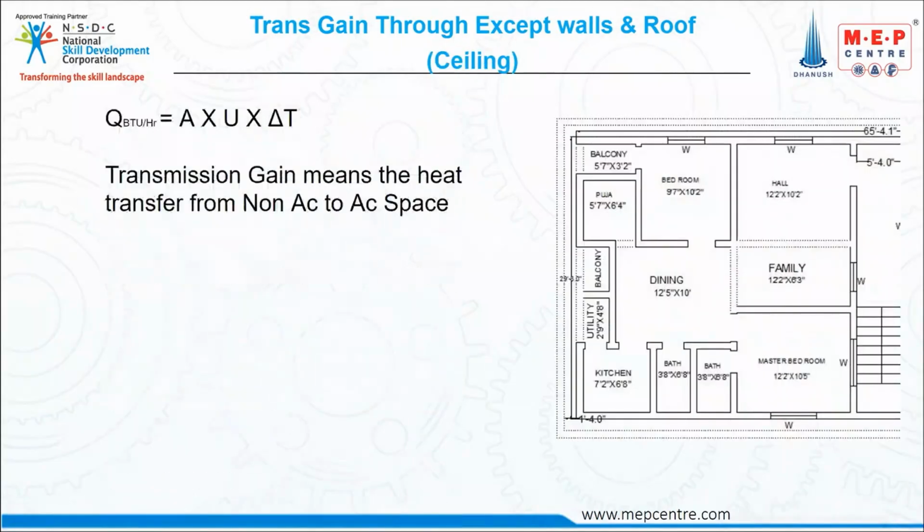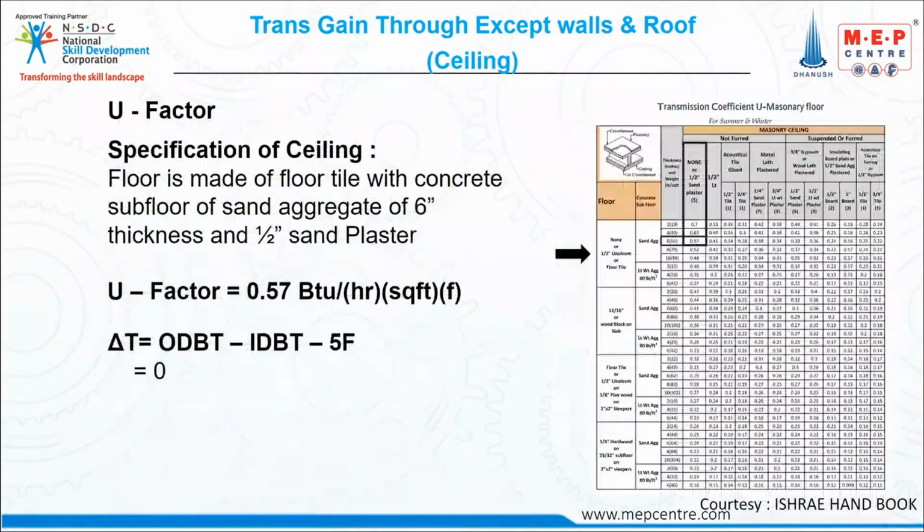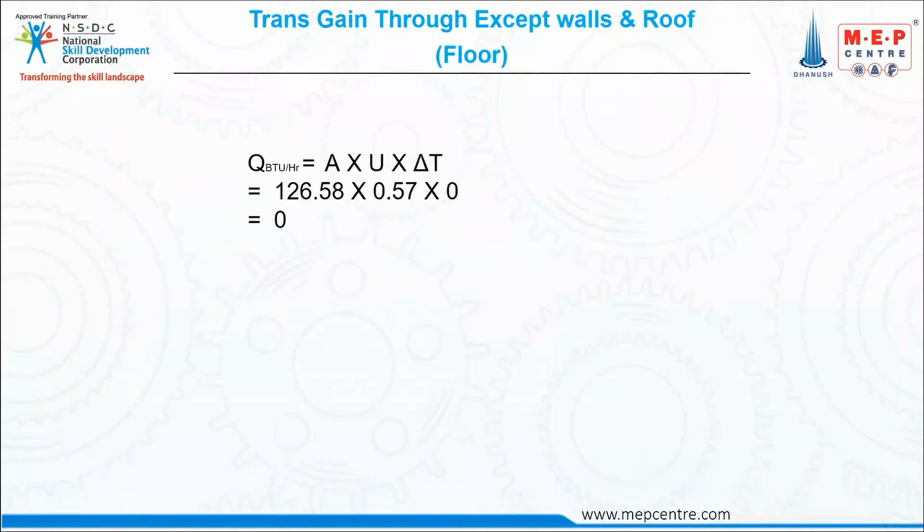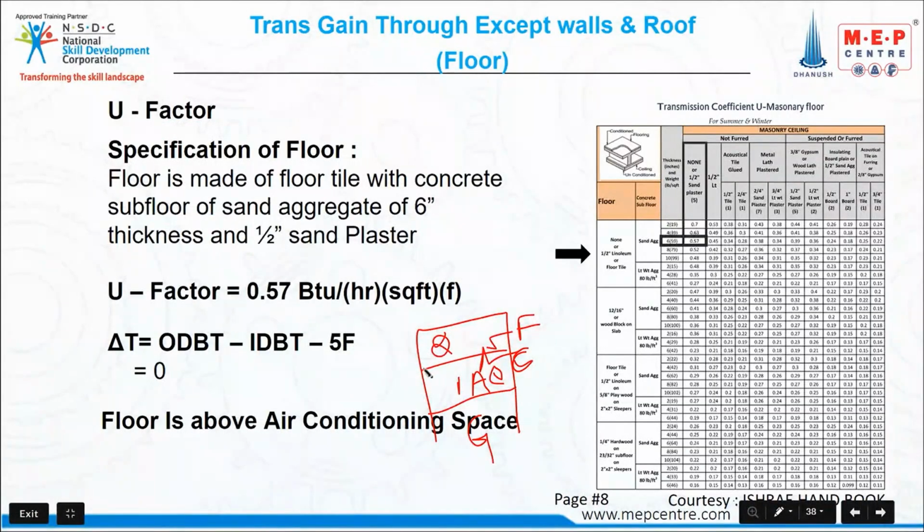Next, the ceiling. The U factor for the ceiling will be the same as the U factor for the floor. Floor material and ceiling material are the same. If you observe the floor material, the ceiling is made from the same material. Just the position, the location, is changing.